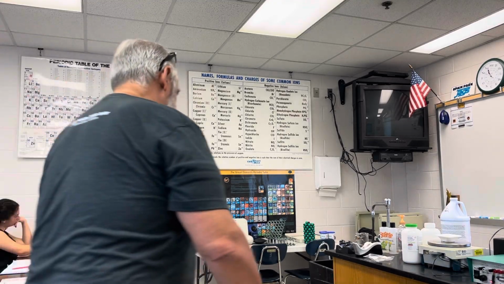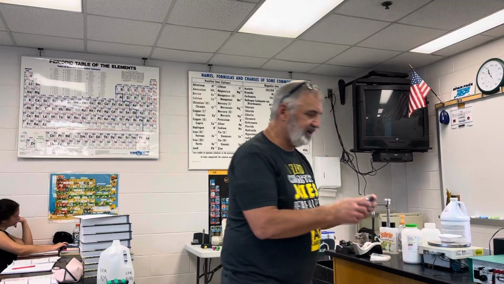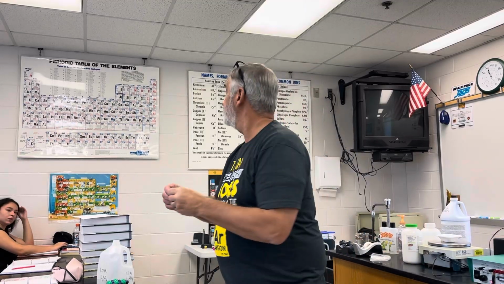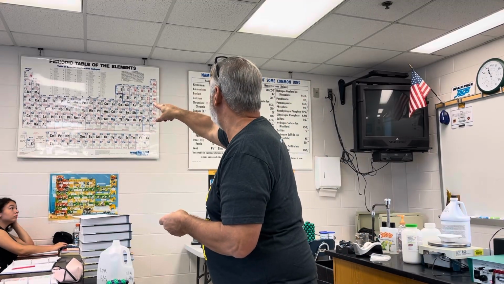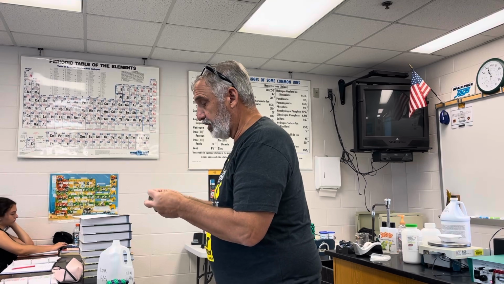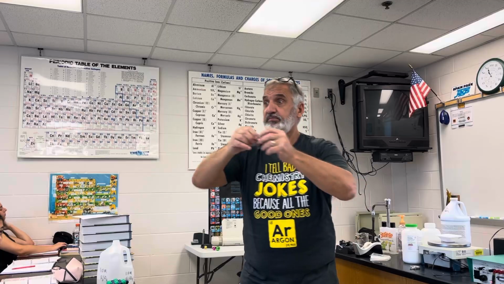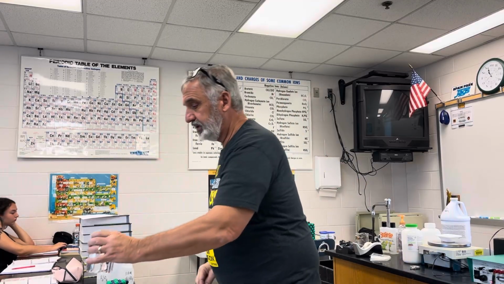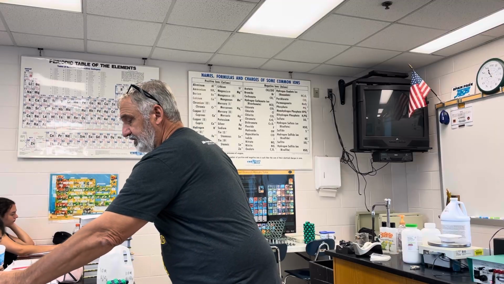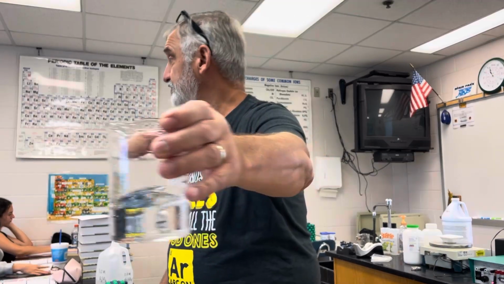But if I take a piece of magnesium, okay, magnesium is element number 12, copper is number 29, so they're both metals, and I just take some magnesium, I've been working out, I just broke it with my bare hands, and I put it in here, now, do we see anything happening? Yeah. What do you see? Bubbles. Okay, you can hear the bubbles, right?